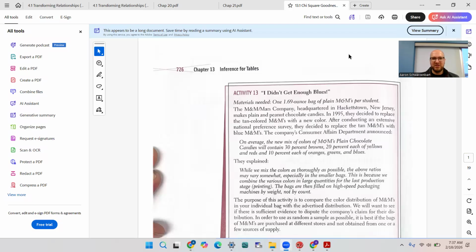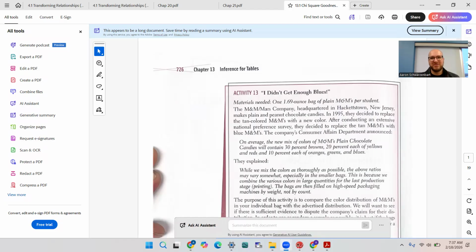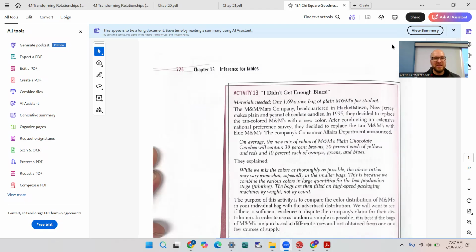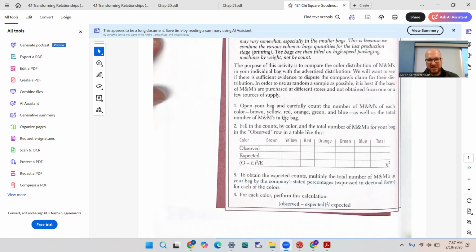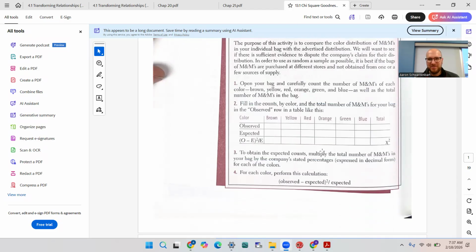Okay, today we're going to talk about the chi-square goodness of fit test. Part of the chi-square, this is for seeing if multiple things fit. So this is, did I get the right distribution essentially of M&M colors?